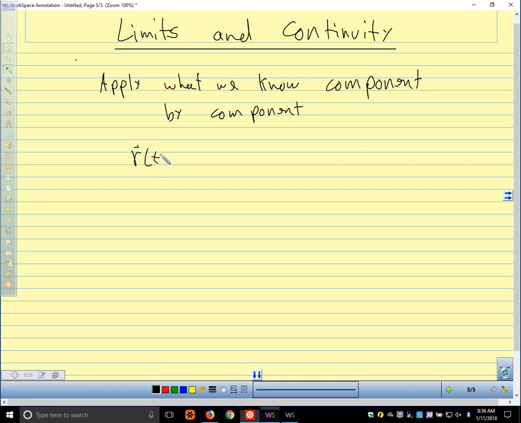So we're going to say r of t is continuous at t equals a if. Let's remember what we need for continuity. What has to be true for continuity? It has to be differentiable. No, that's the other way around. Differentiability implies continuity.